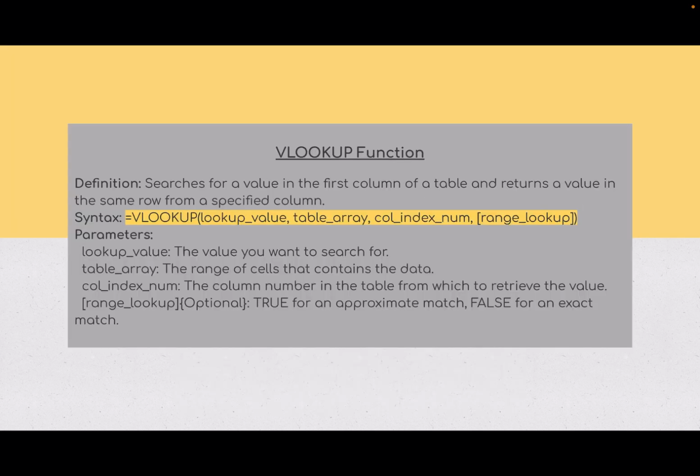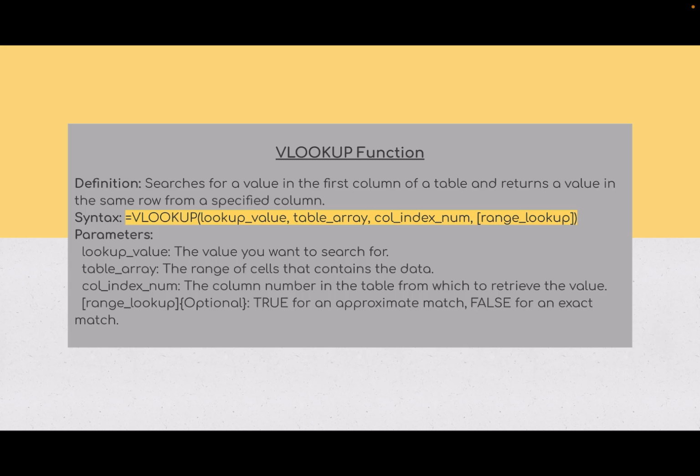So first, let's take a look at the VLOOKUP function. The VLOOKUP function searches for a value in the first column of a table and returns a value in the same row from a specified column, right? So here the critical part is it searches for a value in the first column. So you have to keep that in mind whenever you are going to use the VLOOKUP function, right?